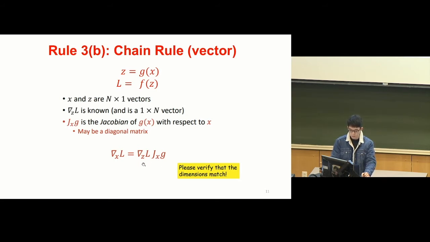The shape of the partial derivative of L with respect to z is a row vector, 1 cross n, and the Jacobian matrix J_x g is n cross n. Multiplied together, it becomes 1 cross n, which is the same as the shape of the partial derivative of L with respect to x.